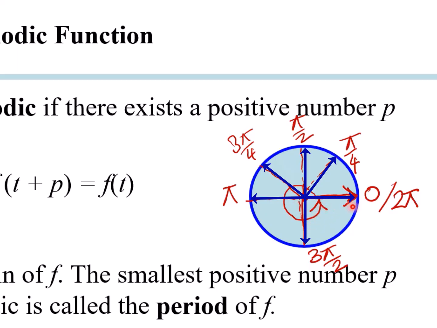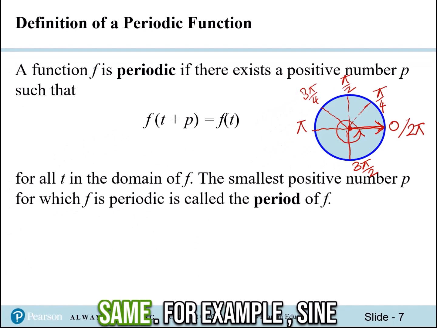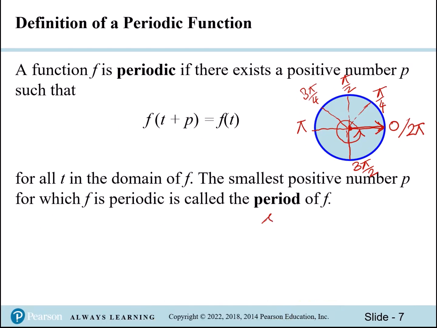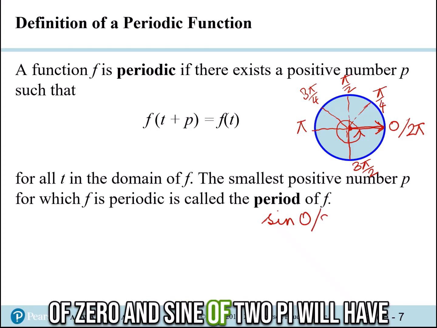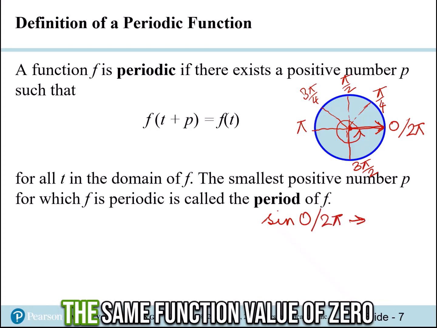But what happens is once it comes back to the initial position, the function values will start repeating themselves. So even though the angle values will change after every 2 pi period, the function values will remain the same. For example, sine of 0 and sine of 2 pi will have the same function value of 0.